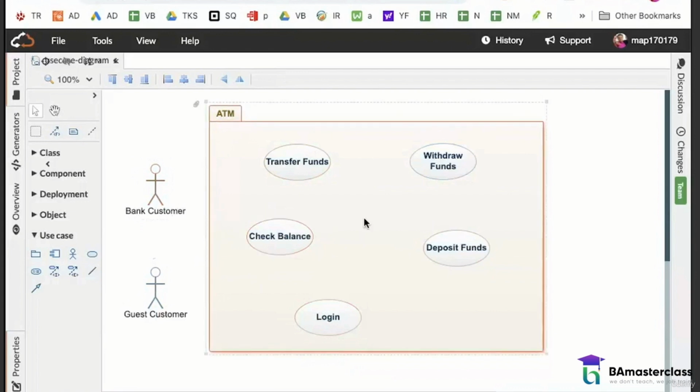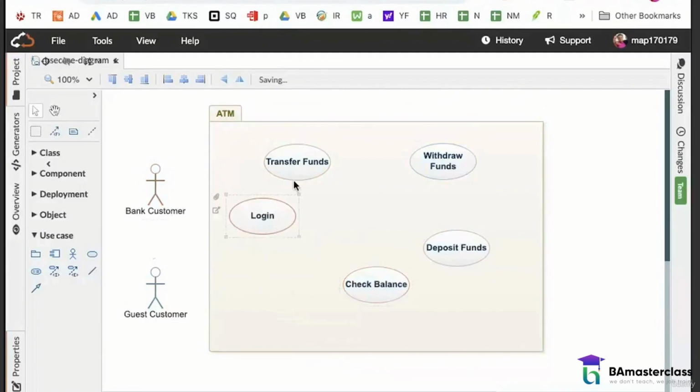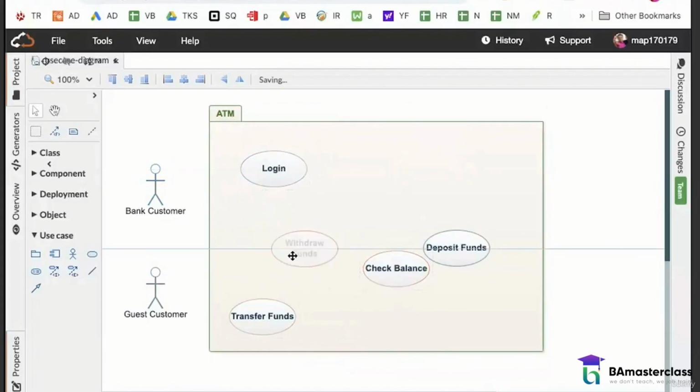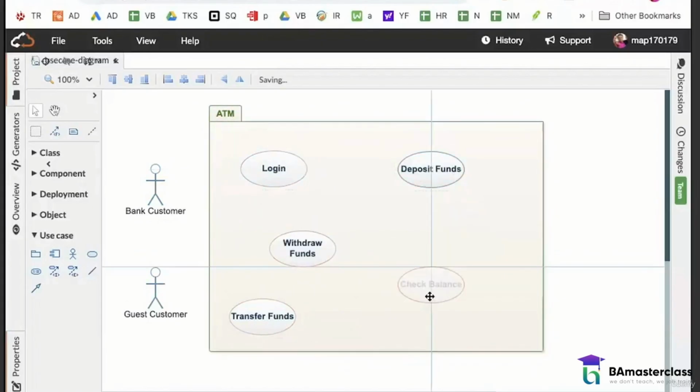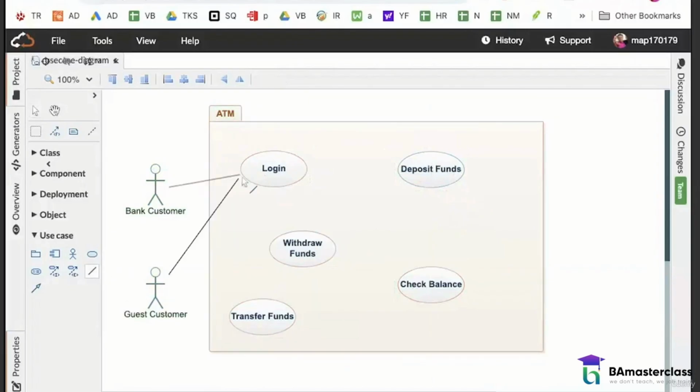What you do then is go through each of the use cases and start identifying who is the actor for each use case. Login: who can log in? I'm going to connect both.